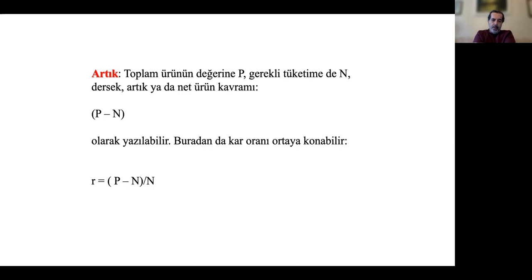And on the basis of this, we can write the rate of profit as the amount of surplus divided by necessary consumption. Necessary consumption includes labor costs and capital costs in contemporary economists' jargon. But actually, it's the sum of capital.